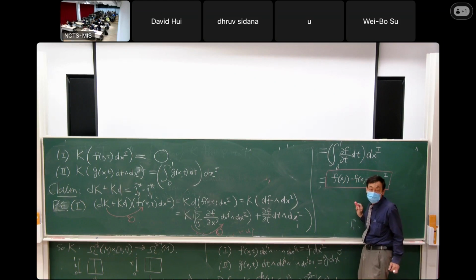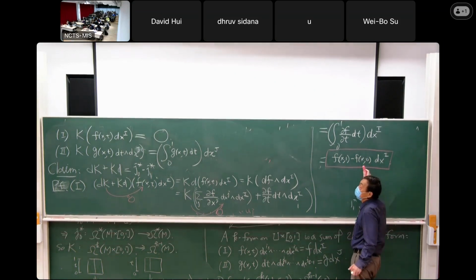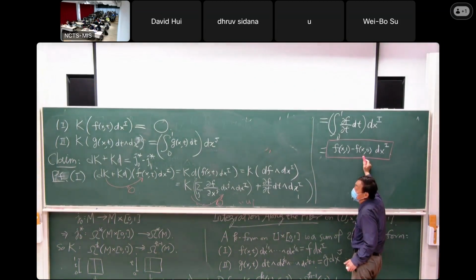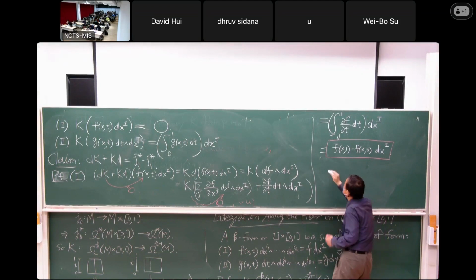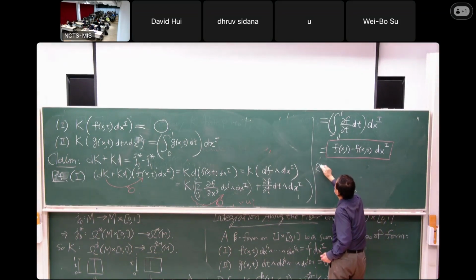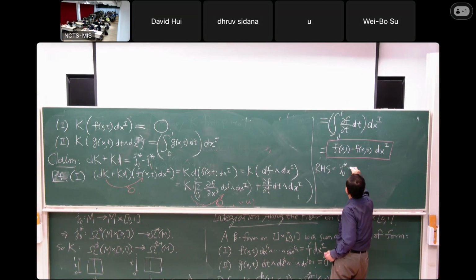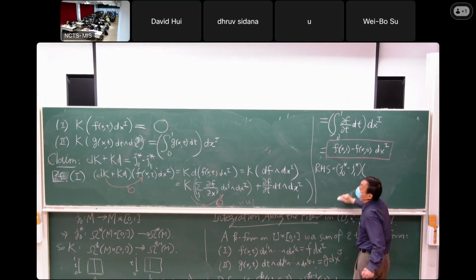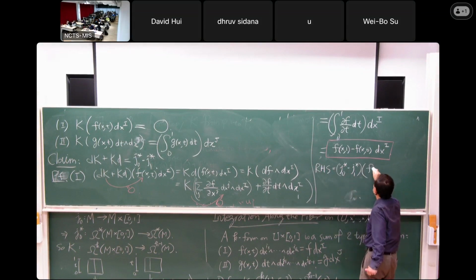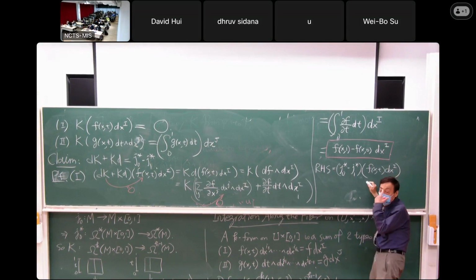So that's what it is on the left-hand side. And then on the right-hand side, I have to do J0 star minus J1 star applied to f of xt dxi. All right?